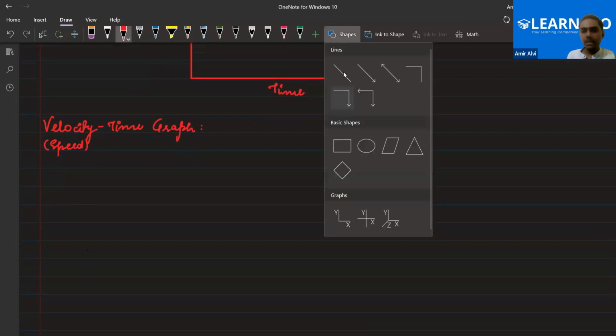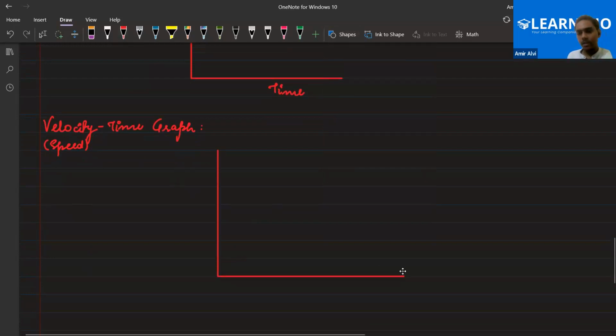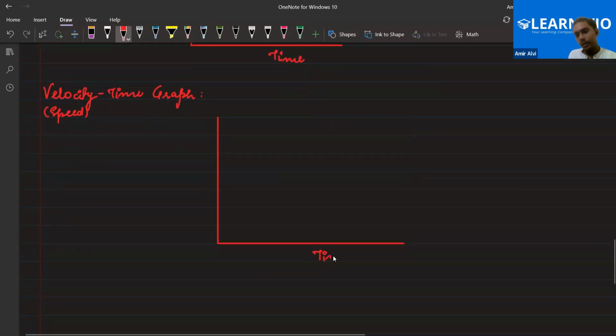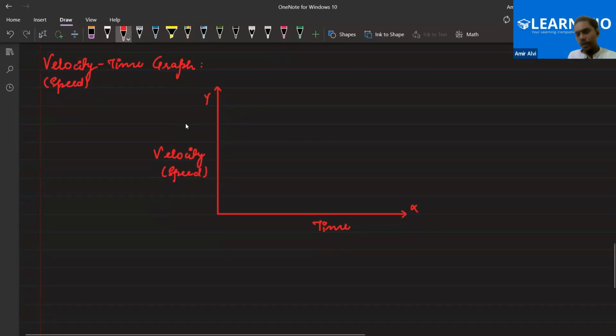So basically, we have to denote time on the x-axis, and on the y-axis we have velocity or speed.